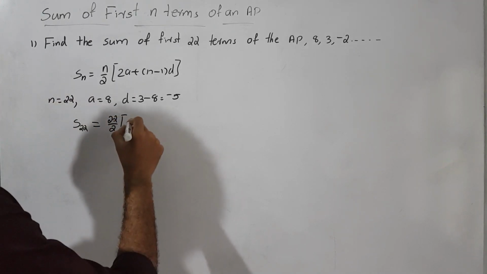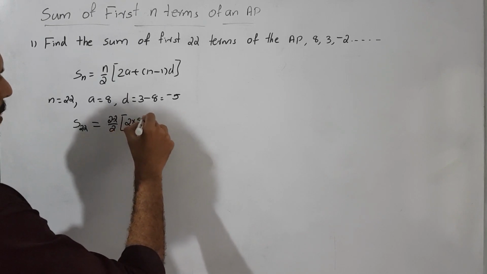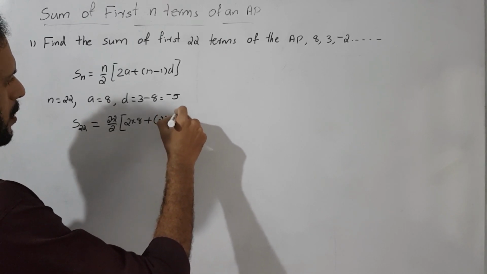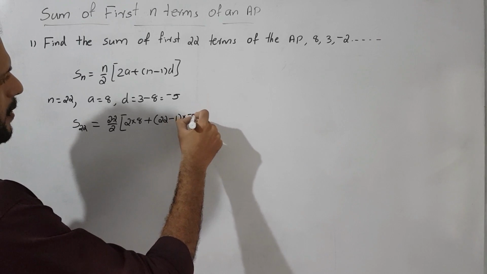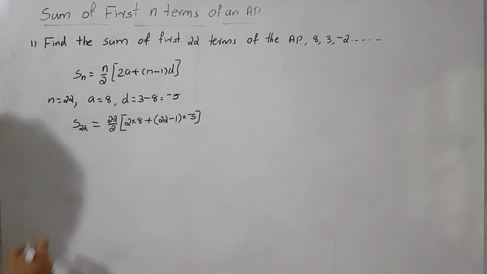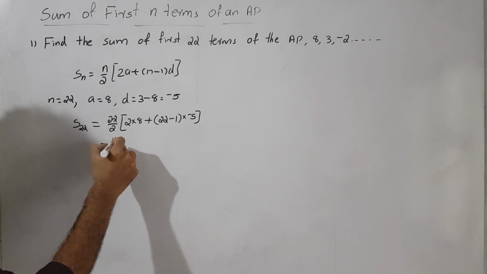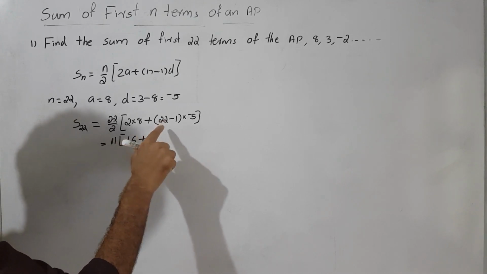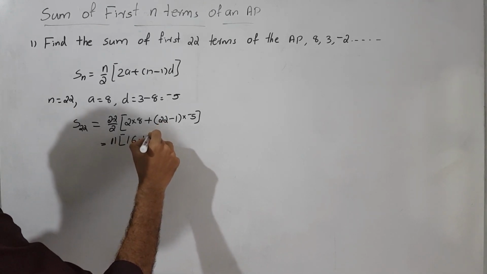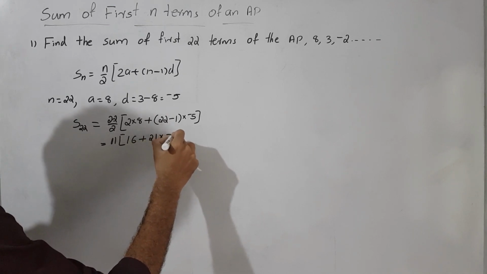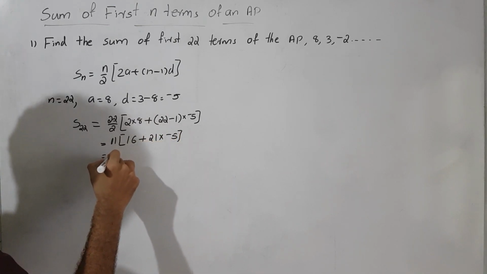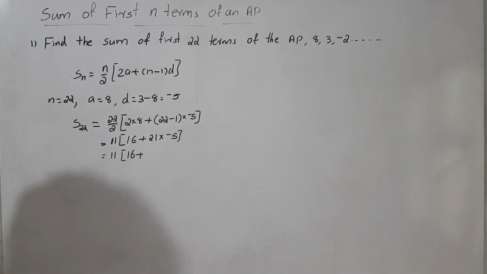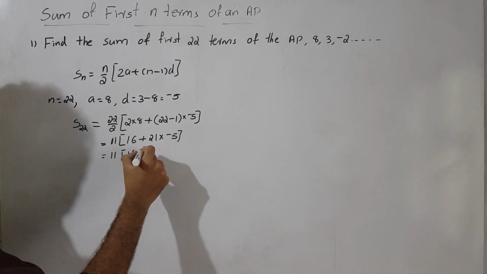into 2a, 2a means 2 into 8, plus n minus 1, that is 22 minus 1, into d, d is minus 5. Then it is equal to 11, since 22 by 2 is 11, into 16 plus 21 into minus 5. 21 into minus 5 is minus 105.